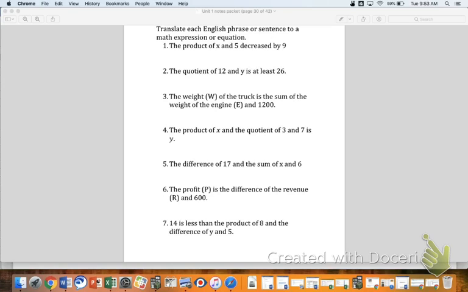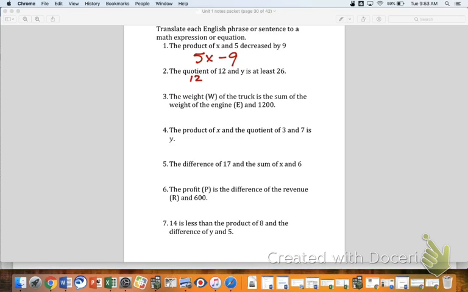All right, so number 1, the product of x and 5 decreased by 9. This would be something like 5x minus 9. Or you could have x times 5 minus 9, something along those lines. Like that. Number 2, quotient of 12 and y.